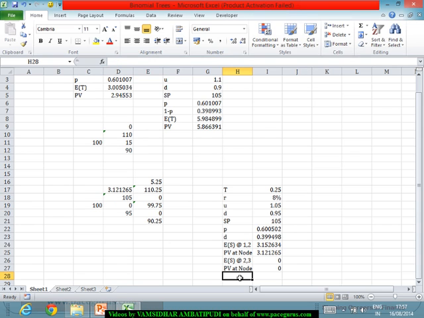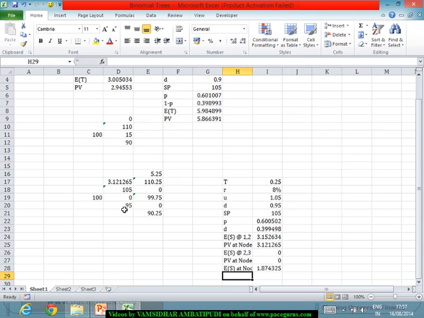So expected value of S at node 1 comma 2, again at this layer, up movement multiplied by up payoff plus down movement multiplied by down payoff.